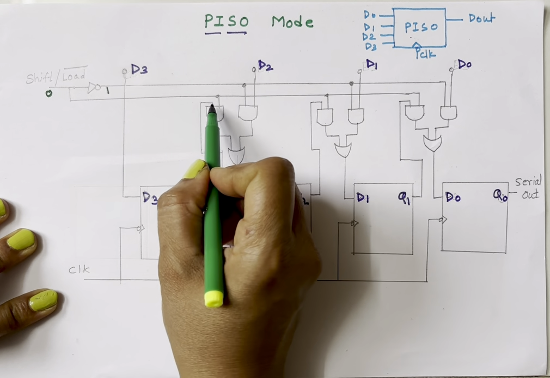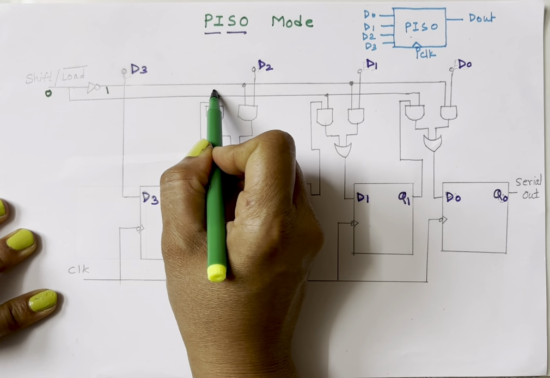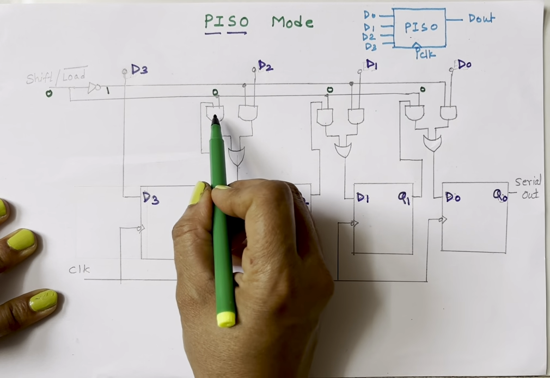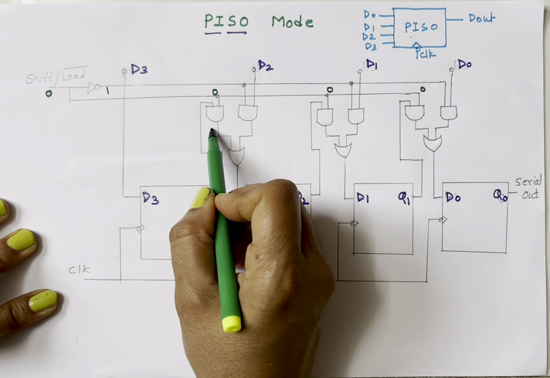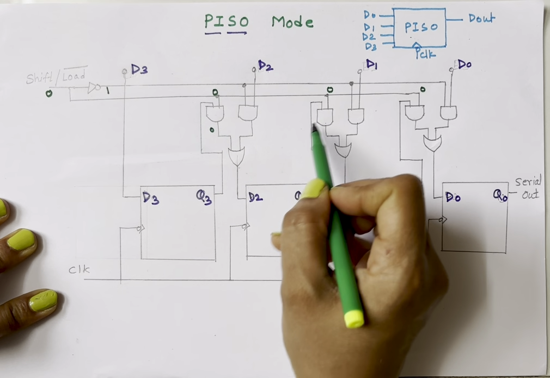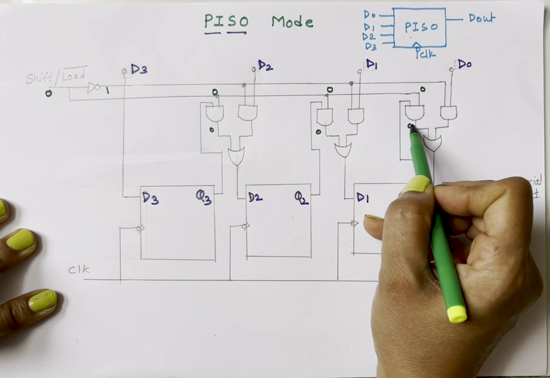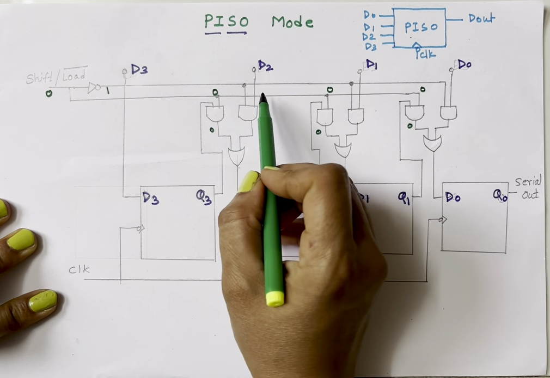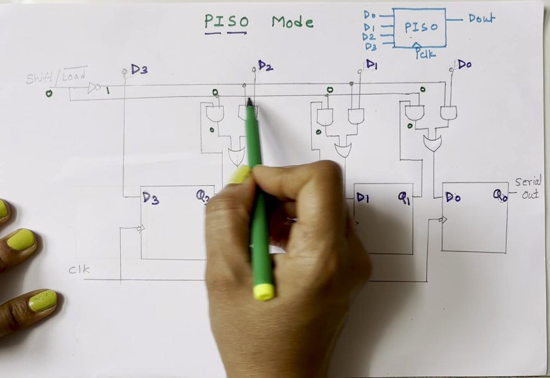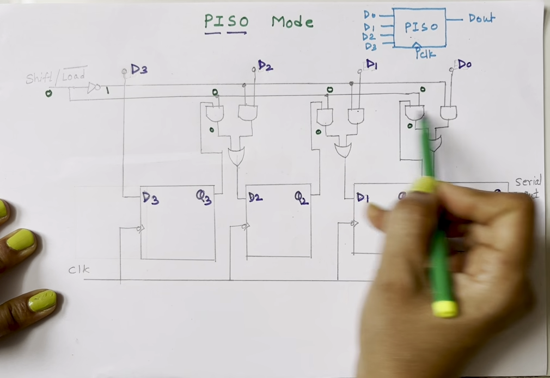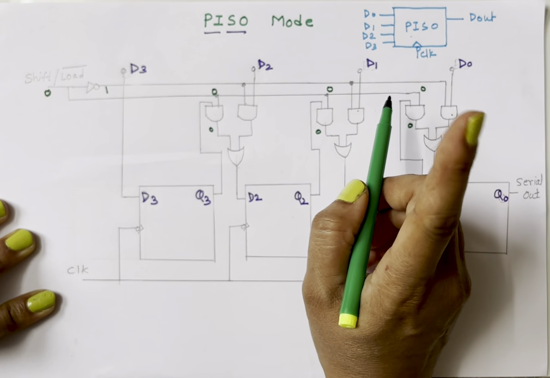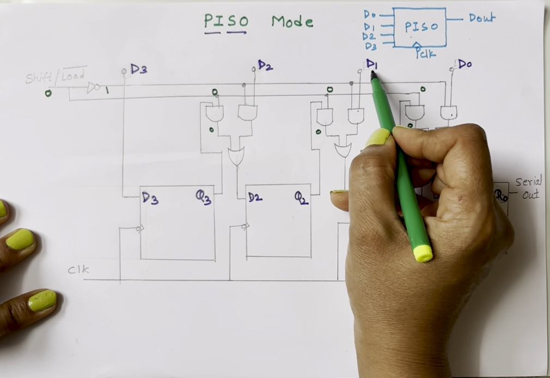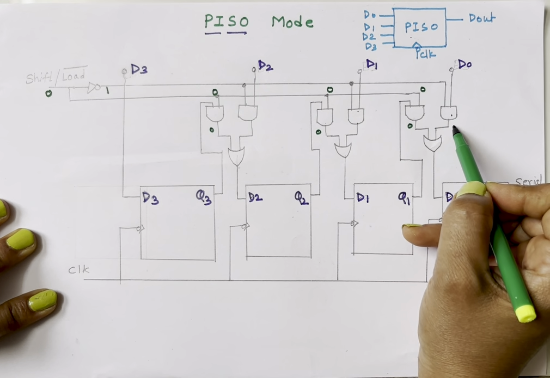So here input is 0, here input is 0, and here input is 0, so these AND gates will each generate output 0. And here this is 1. So 1 input to these 3 AND gates is 1, so whichever data is present at D2, D1 and D0 will come here.